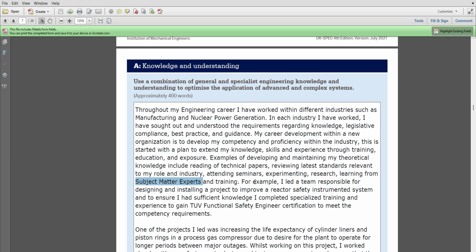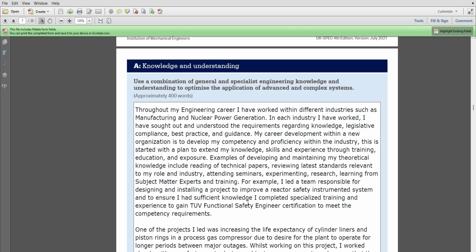In this example that the candidate provided, you can attend a specialized training like the TUV Functional Safety Engineer. I remember doing this certification in 2012. It was a 1-week course, really intense, and gives you the relevant information regarding functional safety. So these are examples of where you can extend your knowledge.